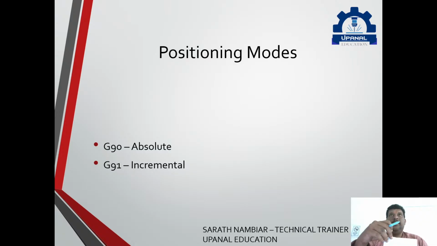Because why? For example, we have a step like this. So I'm telling from 0 go 20. From 20, I'm going to tell 0, 20. Then I will tell go y-axis, all those things. What will happen? Normally, it will follow the same path.